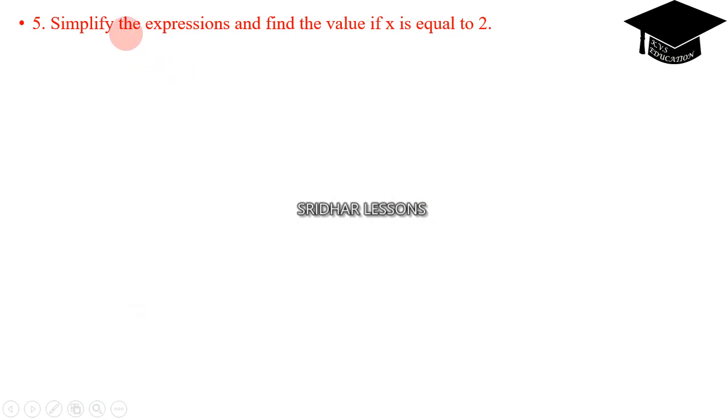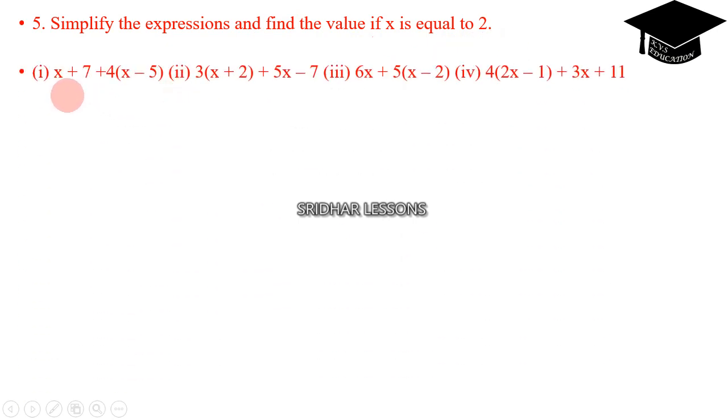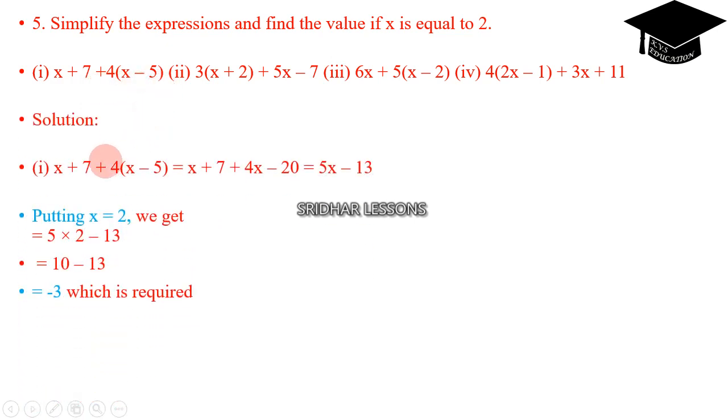Question number 5. Simplify the expressions and find the value if x is equal to 2. First one, x plus 7 plus 4 into x minus 5. Okay, so for that we have to put the value of x is equal to 2. First we will simplify the expression, x plus 7 plus 4 into x minus 5, that is x plus 7 plus 4x minus 20.